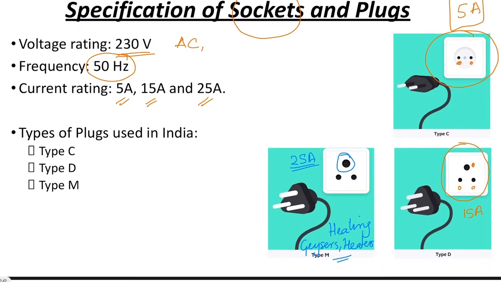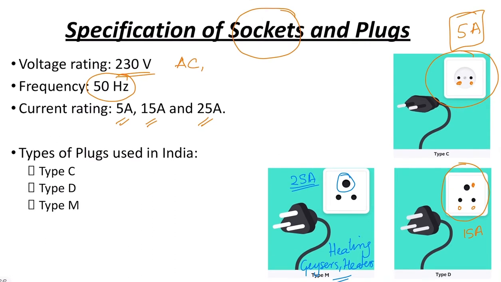All right, so based on these sockets you have different types of plugs. You have a type C plug, which is also known as a two pin plug. You have the type D, which is the 3-pin, this one, and then you have the type M, which is this one, which has a slightly bigger third terminal.